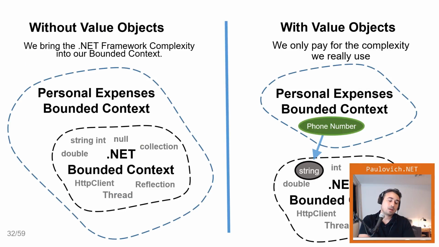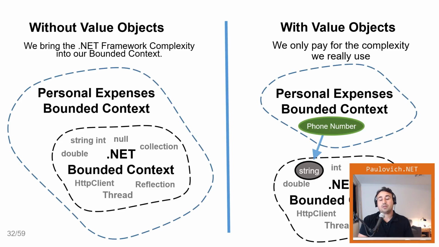Well, comparing two approaches, when I develop my bounded context without value objects and using the .NET framework as a base code, I am bringing out the complexity of string, collection, reflection, other APIs into my personal expenses bounded context.